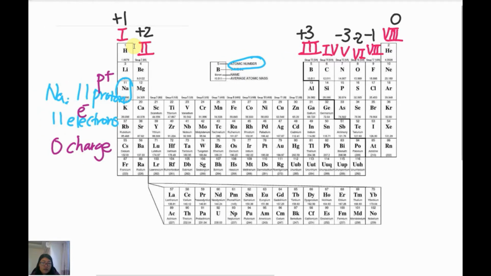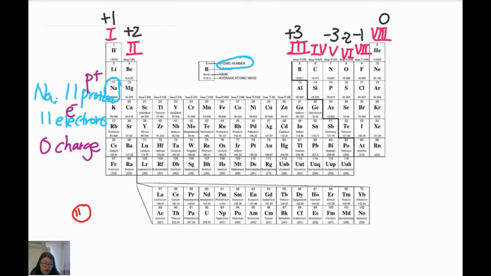So for sodium, because it has 11 protons, I'm going to write 11 and positive in the middle. That's the nucleus. Now I'm going to put down the electrons on the circle, 1 and a 2. That's the 2 electrons, okay?